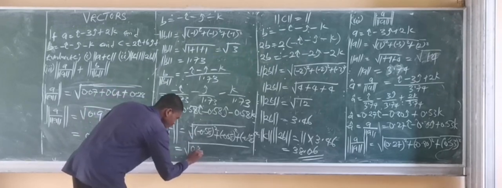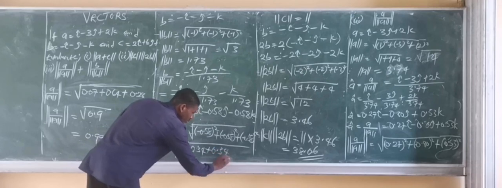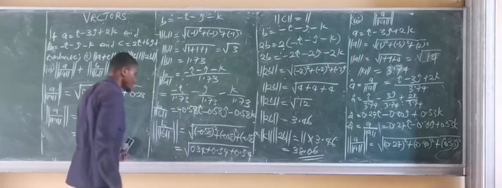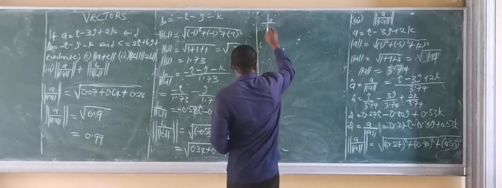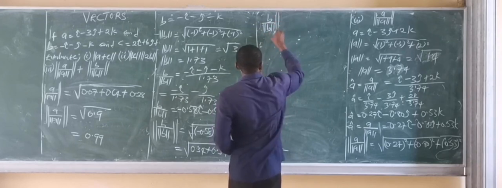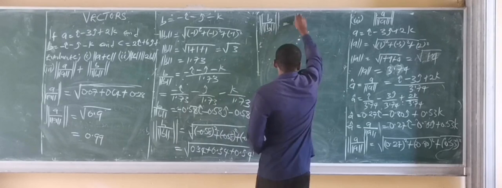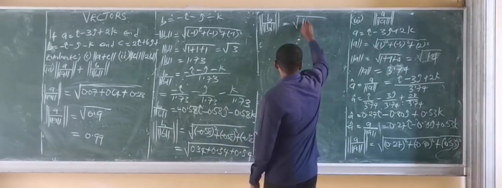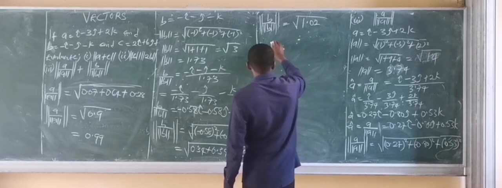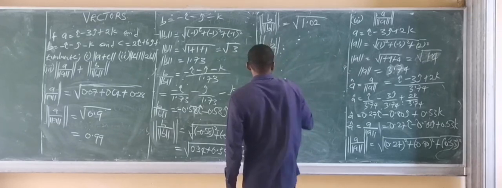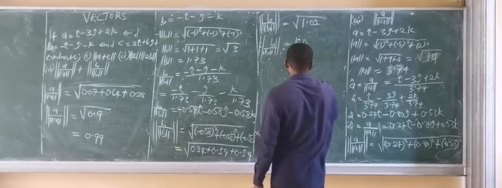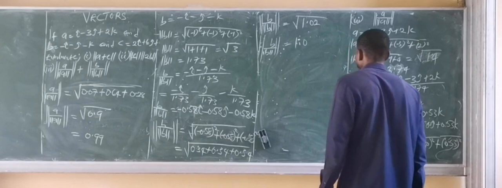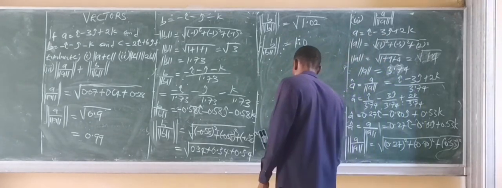We have 0.34 plus 0.34 plus 0.34, which is 1.02. The square root is about 1.0, so you can keep it at 1.0. The magnitude of that unit vector is 1.